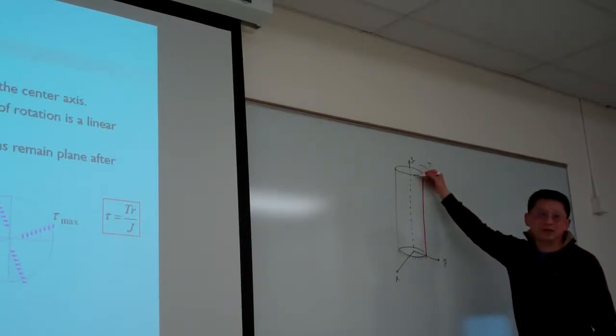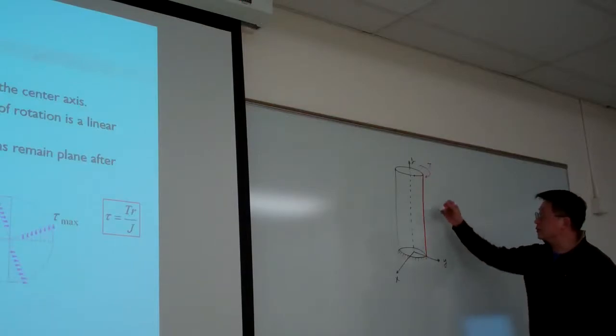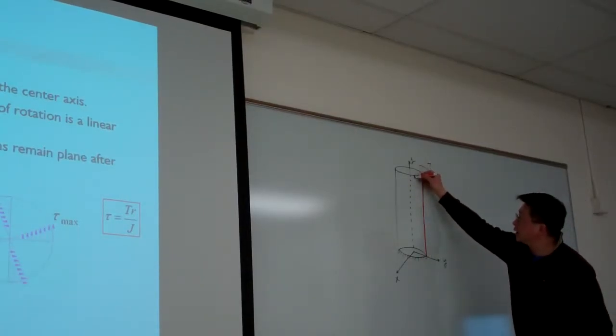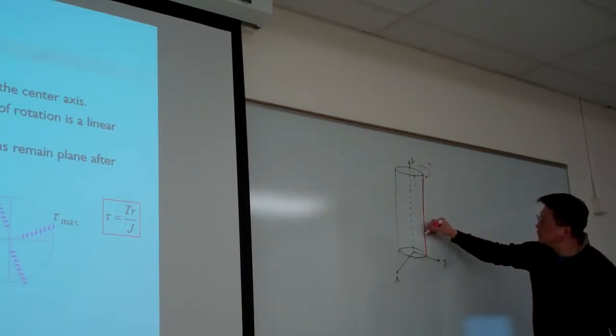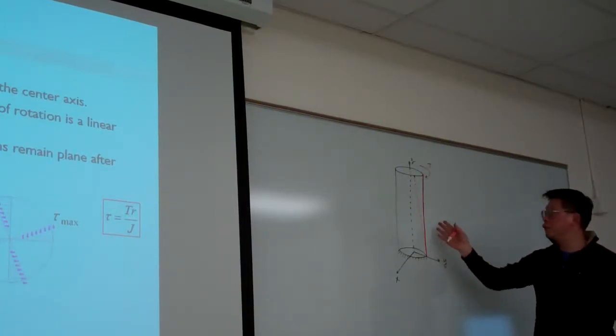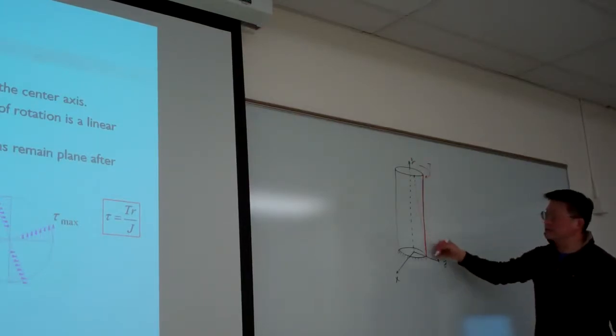Let me exaggerate the displacement. Then this point moves to here, and you simply link the points from here to here, and this straight line represents the deformed mark. So this remains a straight line.